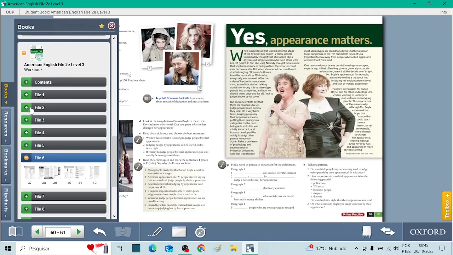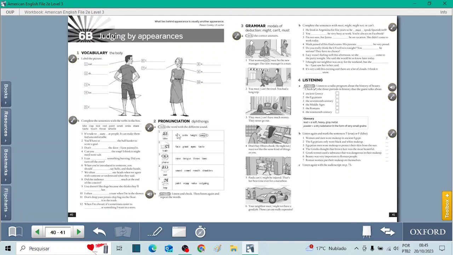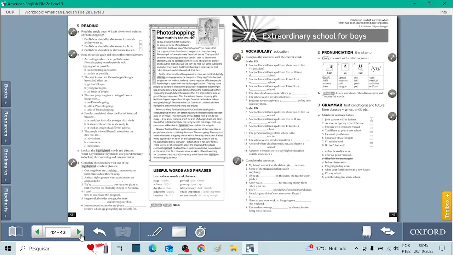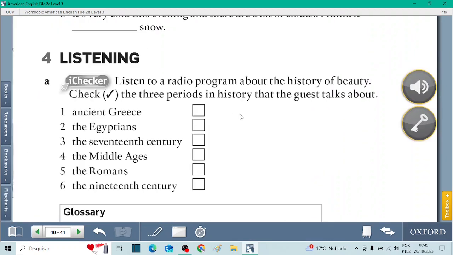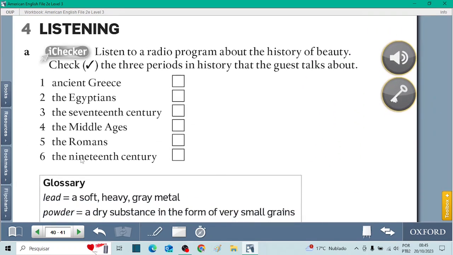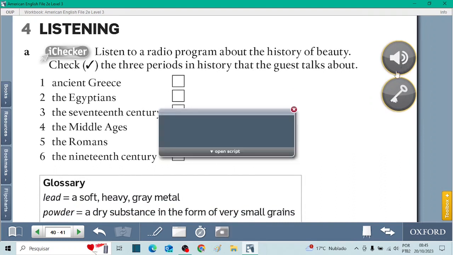Now let's go to the workbook. Remember to do the exercises in order to practice what you learned. Pages 40, 41, and 42. Okay, I'm going to play the listening exercise so you can do in your book. Let's go.